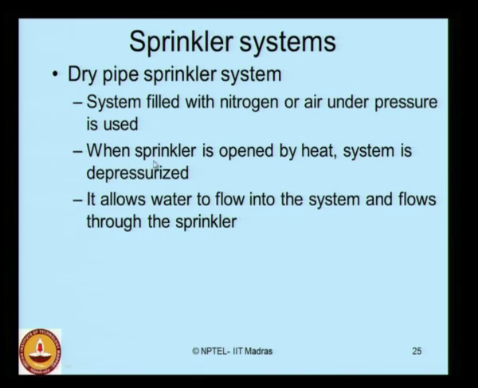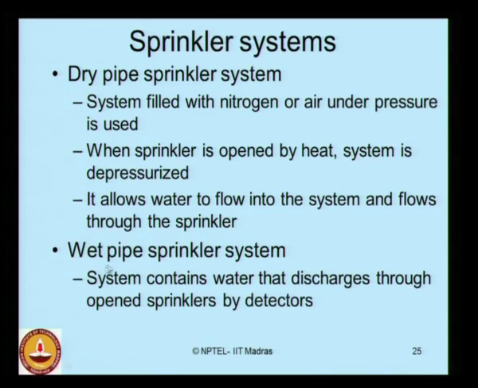When the sprinklers get opened by the heat detectors, the system is automatically depressurized, which will now allow water to flow from the overhead tank into the system, and this water will flow through the sprinklers and control fire. In case of the wet pipe sprinkler system, as I discussed earlier, the system contains water that discharges through open sprinklers which are opened by heat or fire detectors.